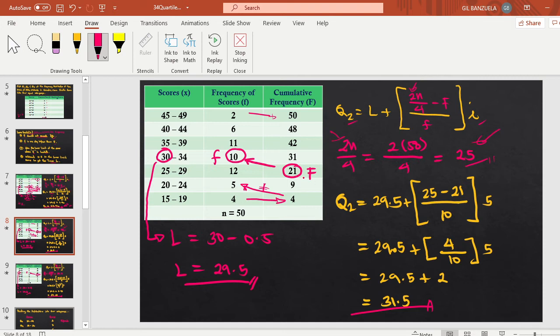So therefore, we choose 21 as our cumulative frequency because 31 exceeds 25. Now, after getting the cumulative frequency, we look one step on the left, and that's where we can find the frequency where the lower limit locates, which is 30.